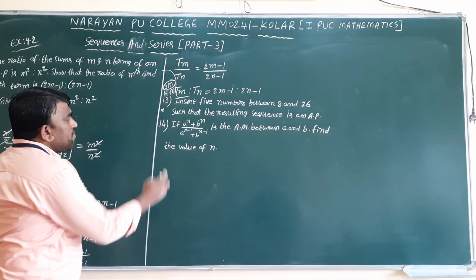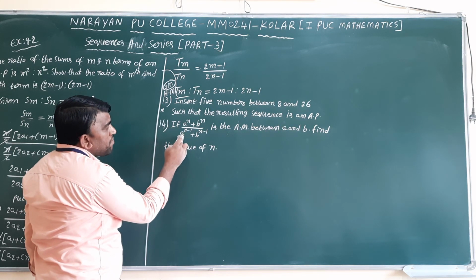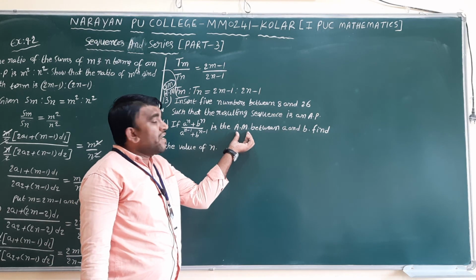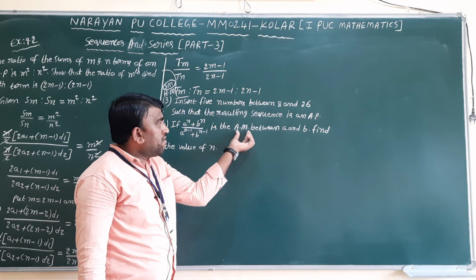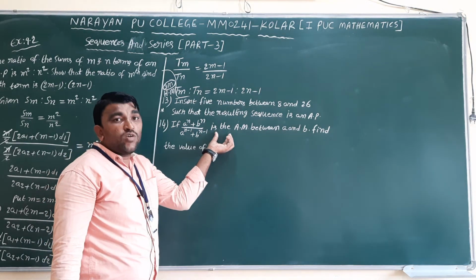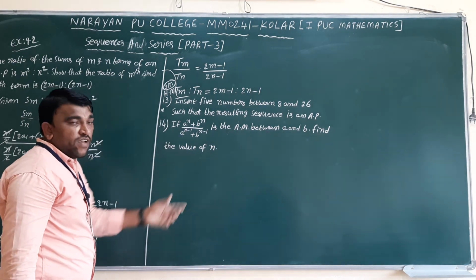And the next problem: if (a power n plus b power n) by (a power n minus 1 plus b power n minus 1) is the AM, meaning arithmetic mean between a and b, meaning this value is equal to the arithmetic mean of a and b, then find the value of n.